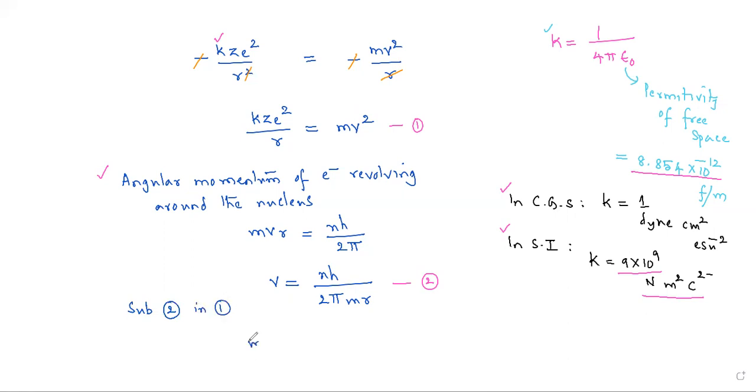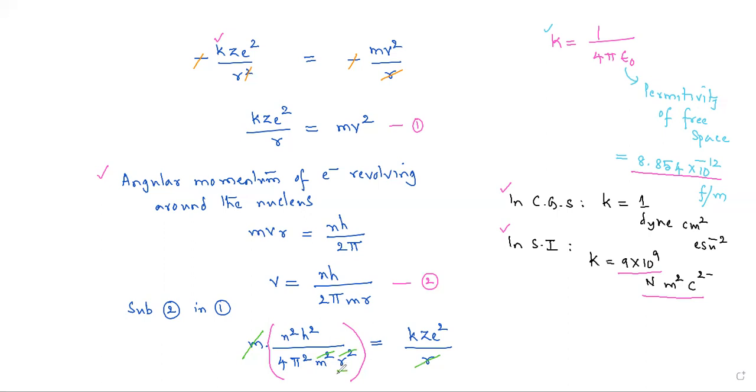What do we get? m into, now v square is n square h square by 2 square pi square m square r square. That is equal to kZe square by r. Is this okay? Now look at this. This is your v square. Now cancel out the similar terms. r gets cancelled. One more, of course, this m. Isn't it?